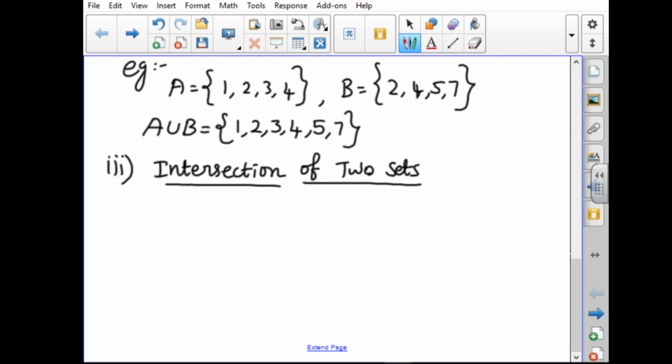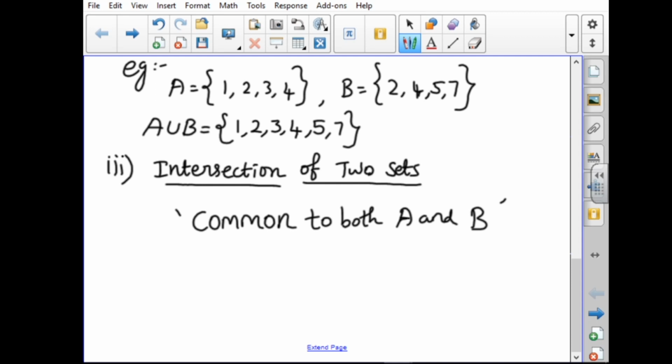Intersection means common to both. The intersection of two sets A and B is the set of all elements common to both A and B. Common elements. So you have to check the common elements to both A and B. You should refer to the definitions in your textbook or your material. Common to both A and B is called the intersection part.